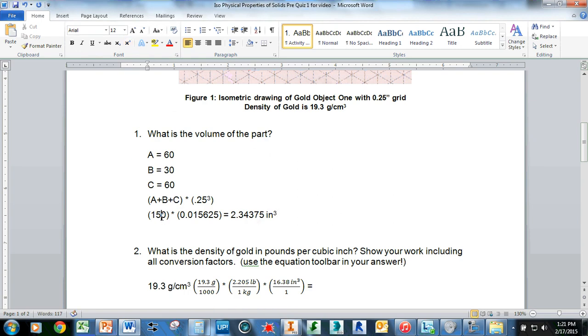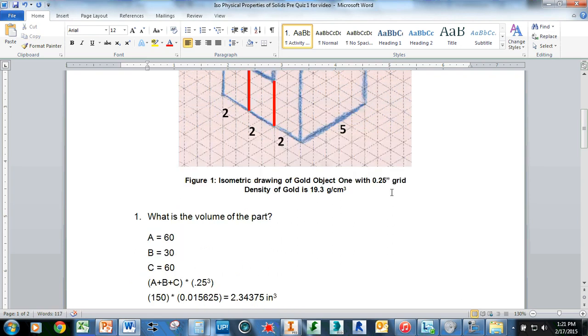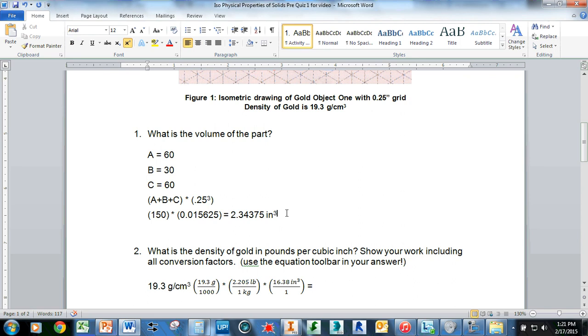In the past, some people have been a little tripped up about having to multiply their total number of cubes times this number cubed. A lot of times people will just multiply it by 0.25. We have to cube that number because, again, it's 0.25 wide, 0.25 tall, and 0.25 deep. So this comes out to our total volume of our object right here. There's your answer for volume.